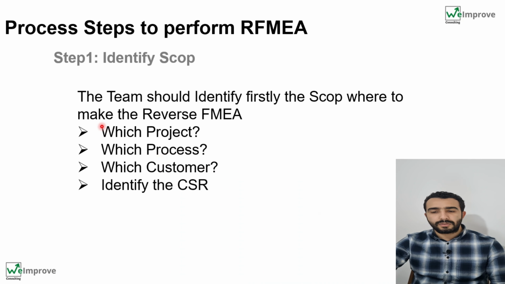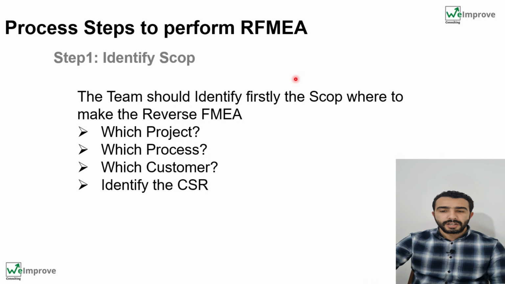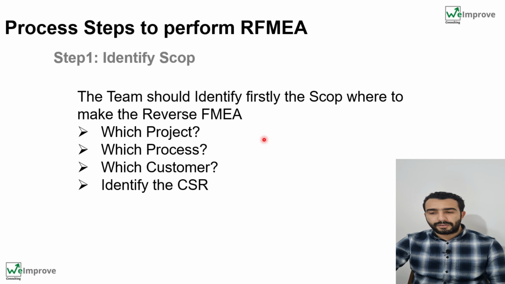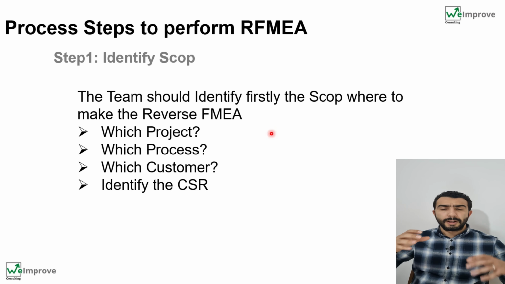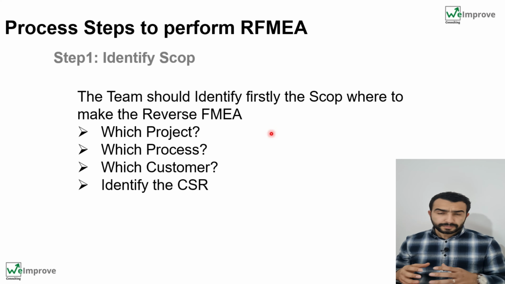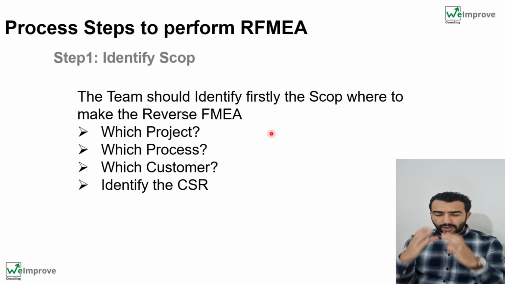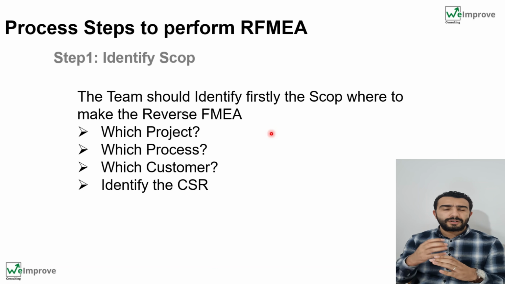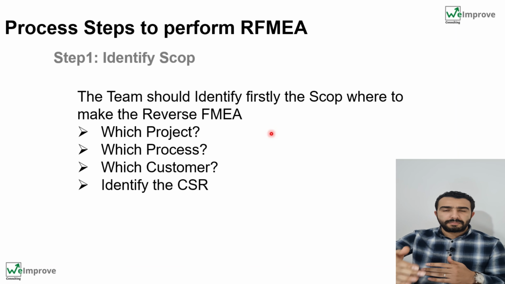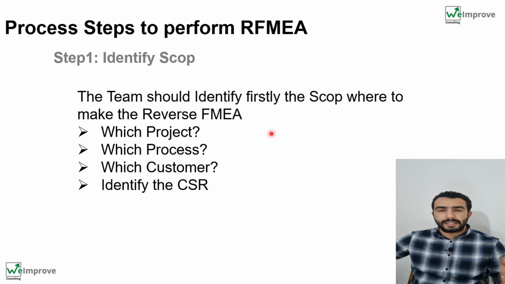So the first step is to identify the scope. The team should identify firstly the scope where to make the reverse FMEA. So which project, which process, which customer, identify the customer specific requirements and so on. Before starting, it's like a project, so you have to define the scope of your reverse FMEA. You have many processes, many products, many customers, many plants, and so on.